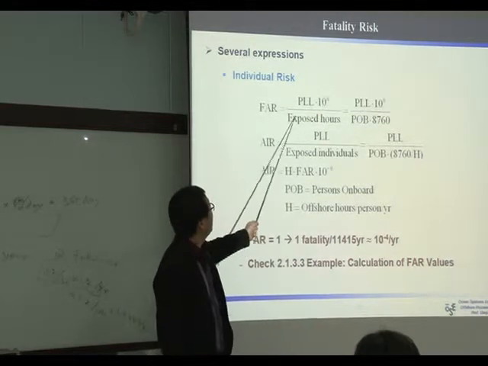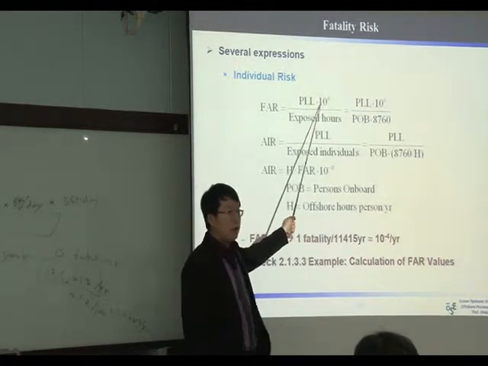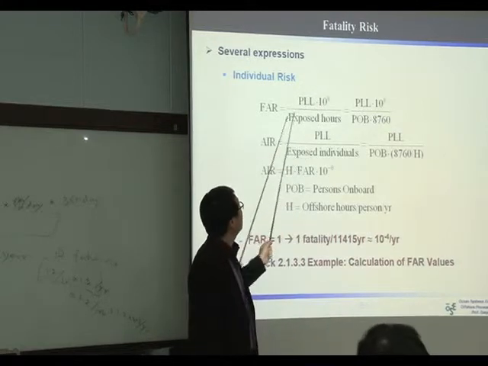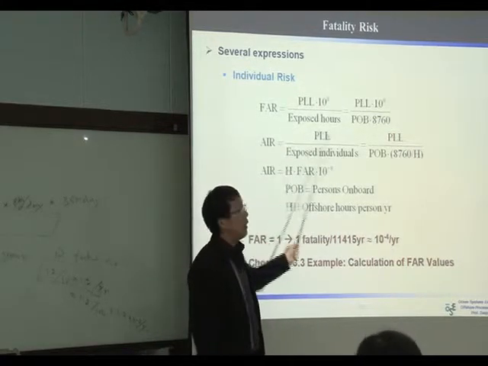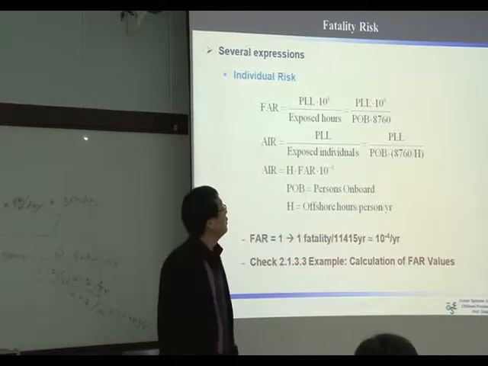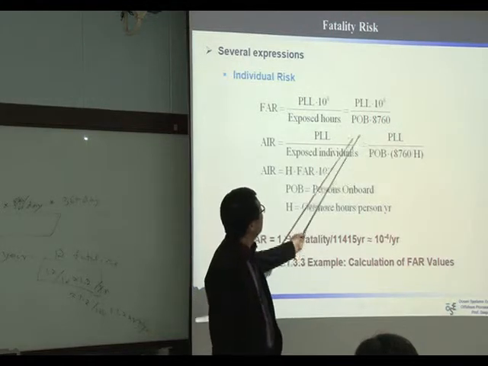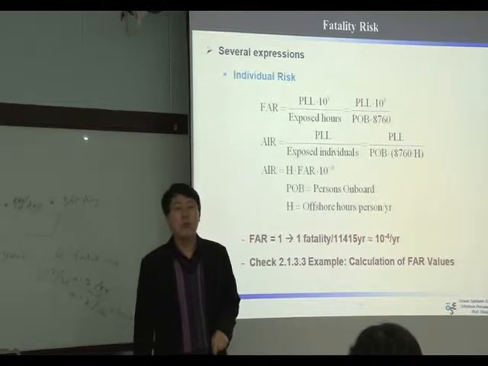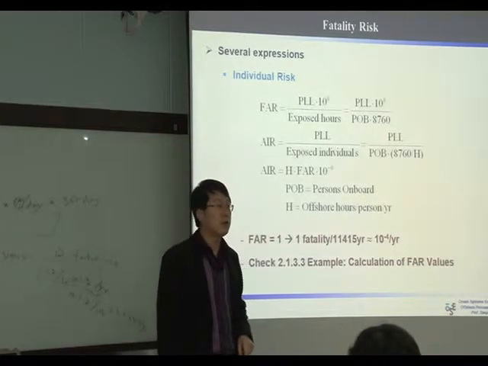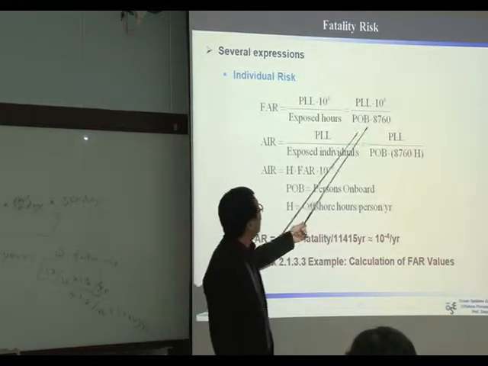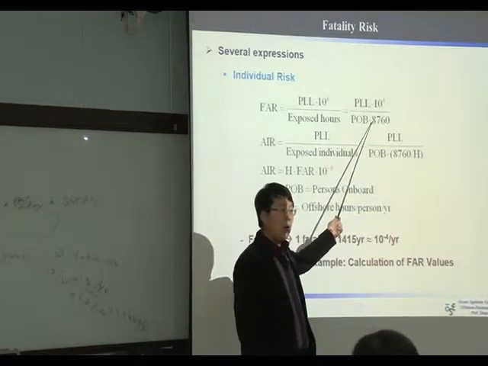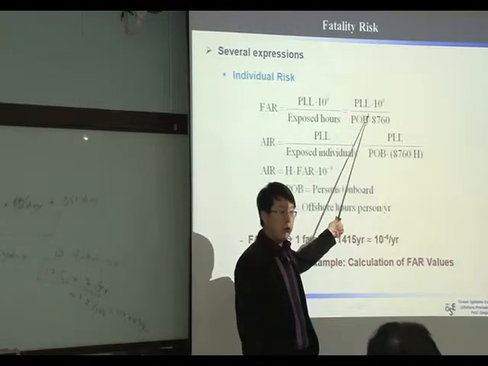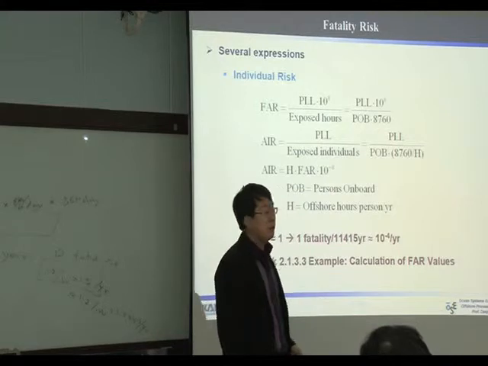FAR is PLL times 10 to the 8. This is a normalized quantity divided by exposed hours. POB is persons on board, the number of crew, in short. POB times the hours per year, the number of hours per year.